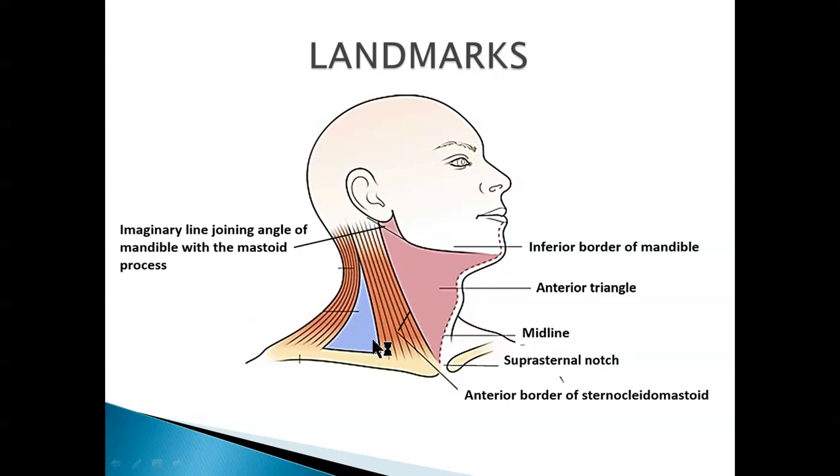Then the posterior triangle boundaries would be the posterior border of your sternocleidomastoid muscle, the upper margin of your clavicle, and the anterior border of your trapezius muscle. Here we have the trapezius muscle. So this is overall the boundary of the posterior triangle.